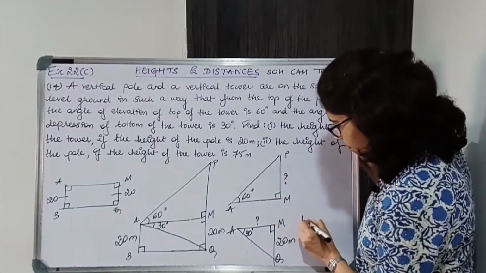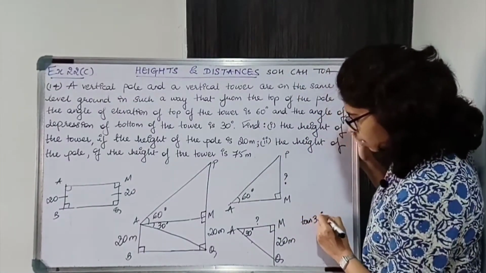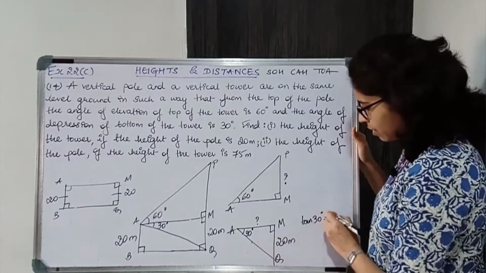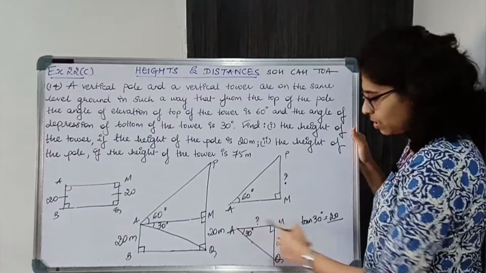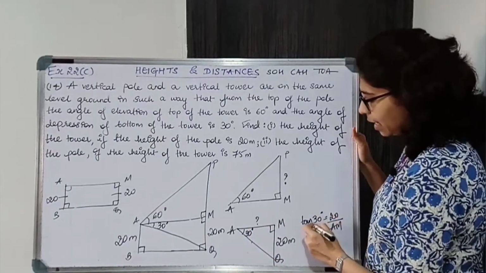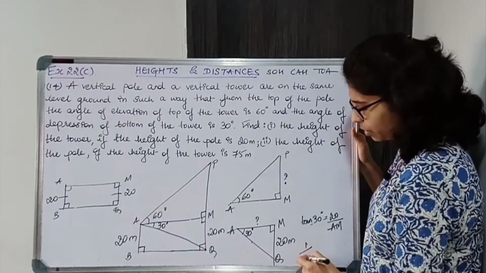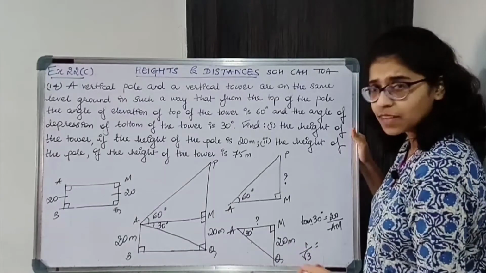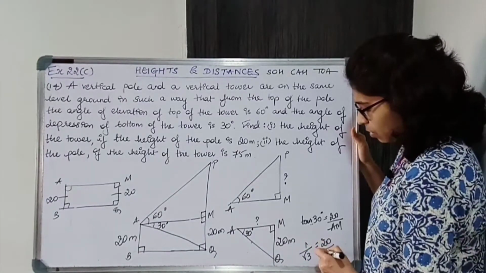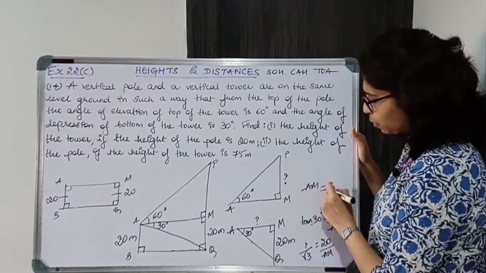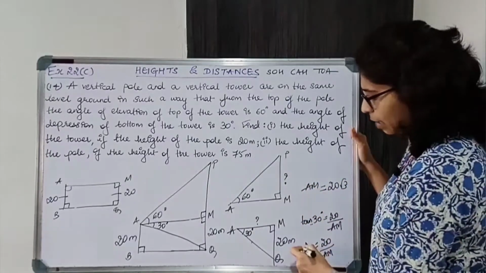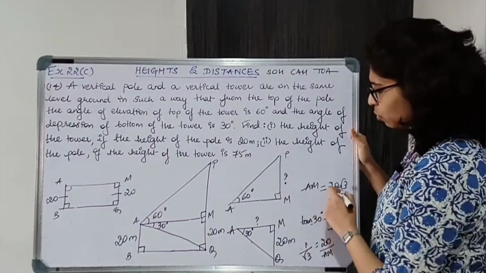So tan 30 is equal to opposite, that is MQ, which is 20, upon adjacent, that is AM. Tan 30 is nothing but 1 upon root 3, from the standard value table, equal to 20 upon AM. So cross multiply and you will get AM is equal to 20 root 3. Correct? AM into 1 is AM, and 20 into root 3, 20 root 3.